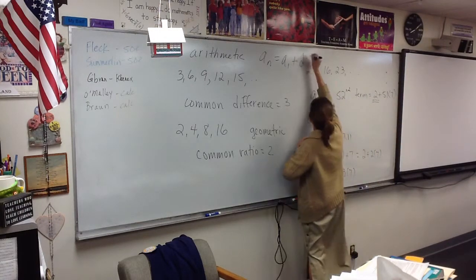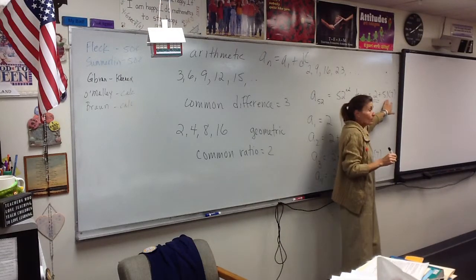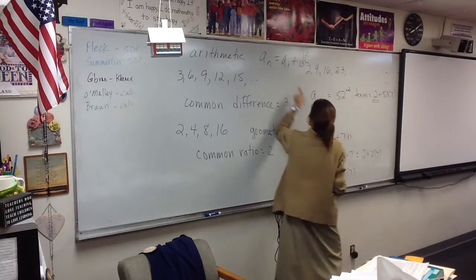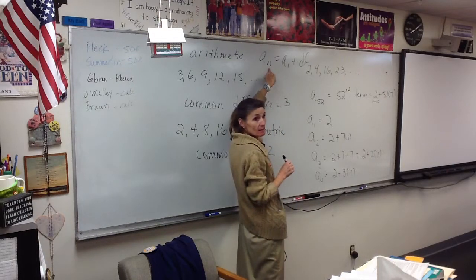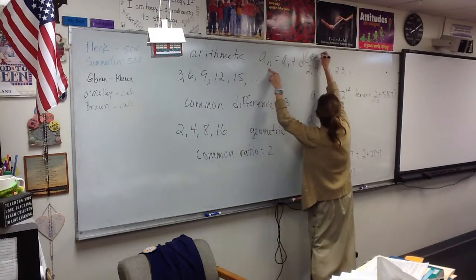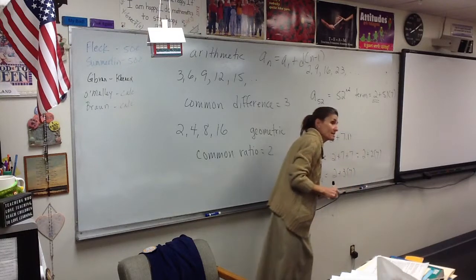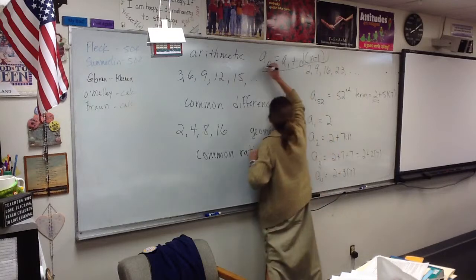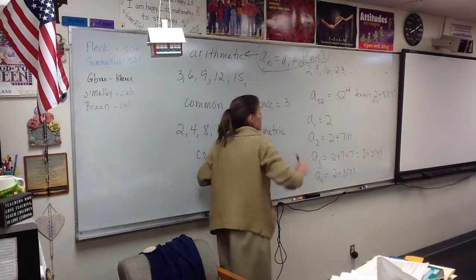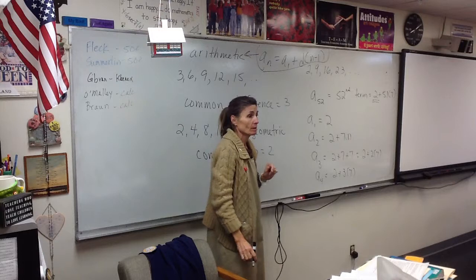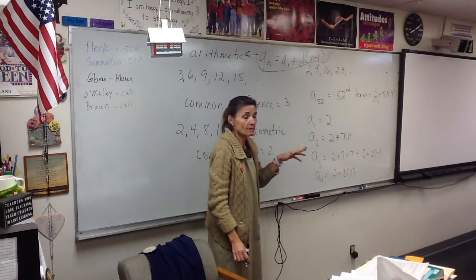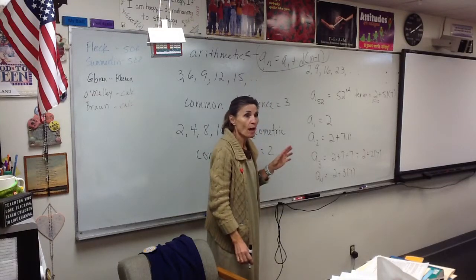So we added the common difference times, now for us it was 51, whatever that number is, n, minus 1. One less than that number. Remember, we added 1 less than that number. This is the formula for arithmetic sequences. It will find whatever term you want of whatever arithmetic sequence you have.